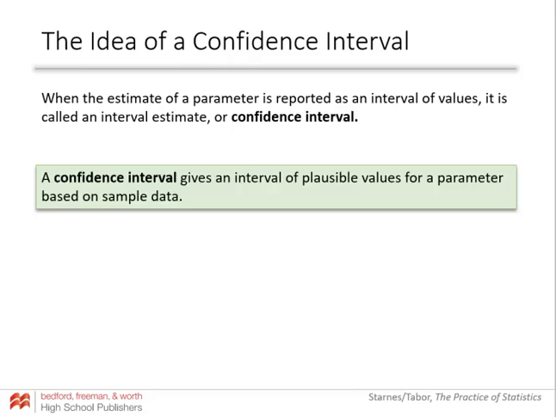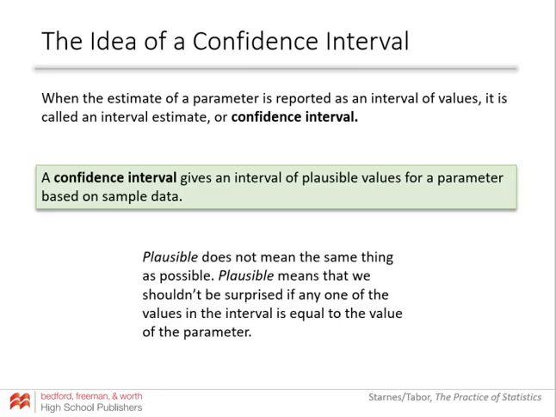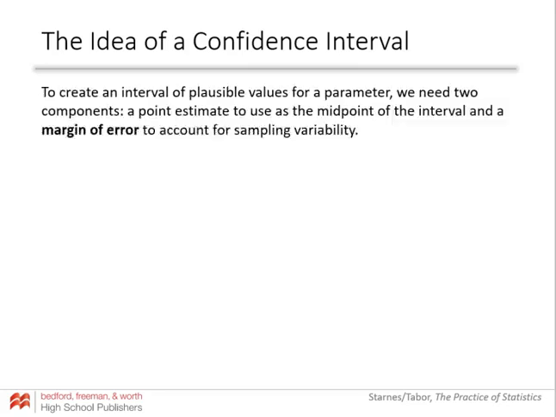The definition is it gives an interval of plausible values for a parameter based on sample data. Important to note that plausible is not the same thing as possible. Plausible means we wouldn't be surprised by those values. They're likely to occur. It's not a list of all the possible values for a parameter.